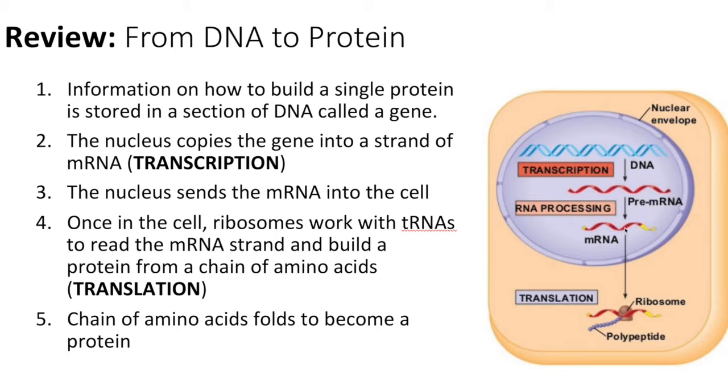Then that mRNA leaves the nucleus, where outside in the cell it is read by ribosomes and some other enzymes to translate that code into a chain of amino acids, sometimes called a polypeptide, which will eventually fold to become a protein.